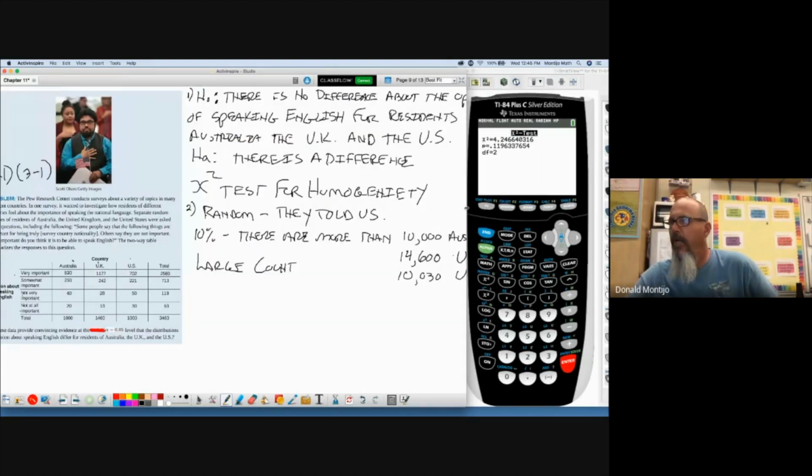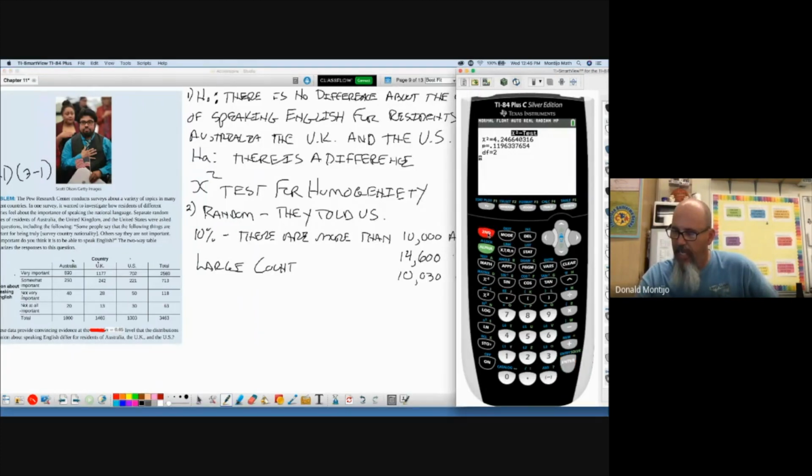So I'm going to go in here to my matrix, which again is second x inverse. And I'm going to edit matrix A and tell it what size it is. Oh, we said this is a 4 by 3. Hit enter and it will do that for us. Now let's populate it.